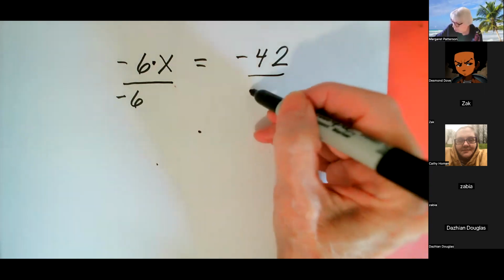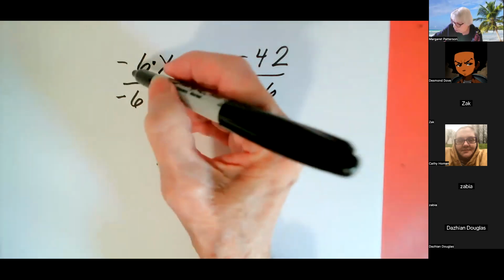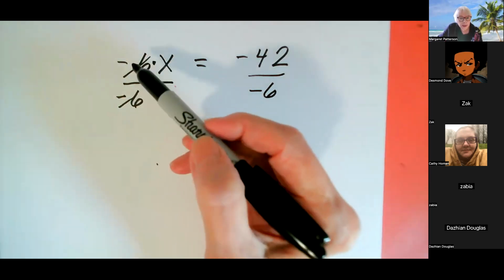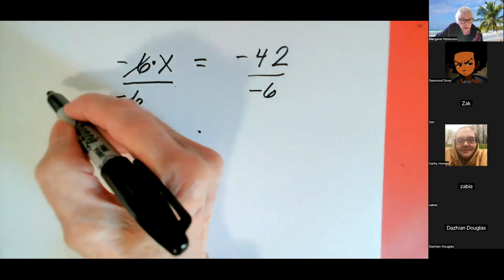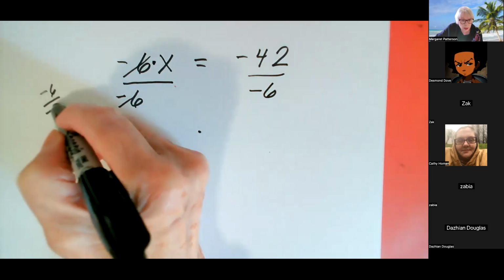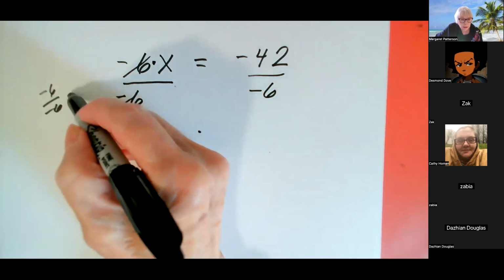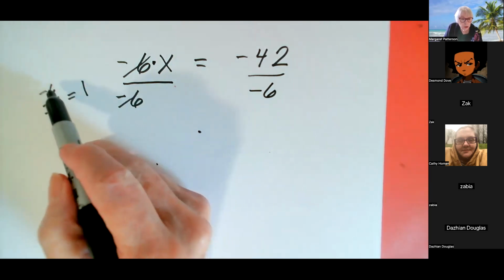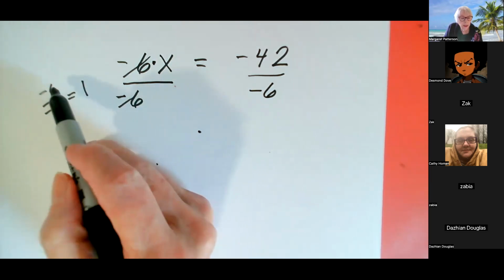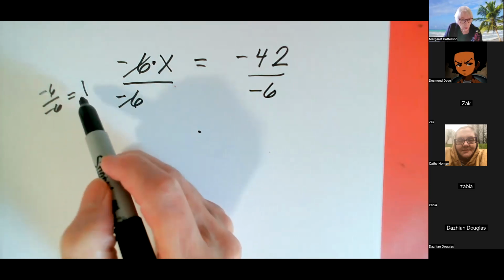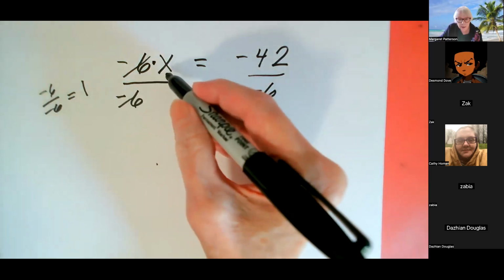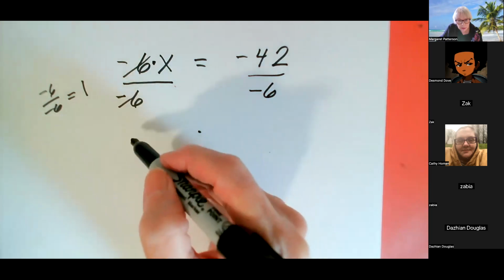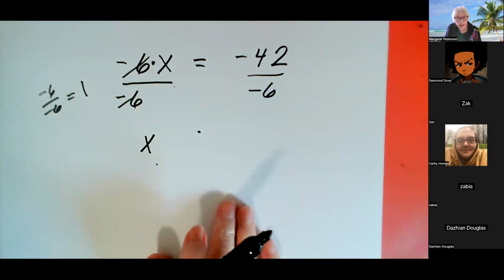So I'm going to do it to both sides, but I want you to see when I cancel -6 divided by -6, I'm going to put it on the side. That's 1, and it's +1 because 2 negatives make it positive, and 6 divided by 6 is 1. So this ends up being the same number. That's the plain x.